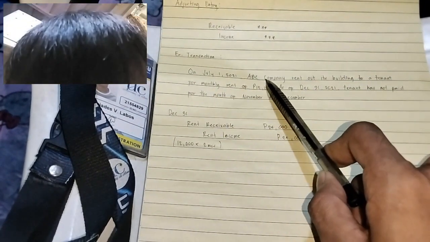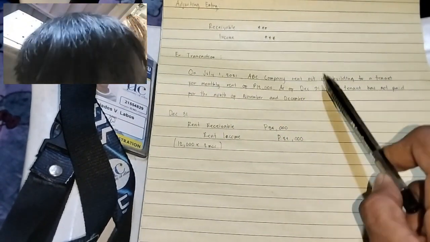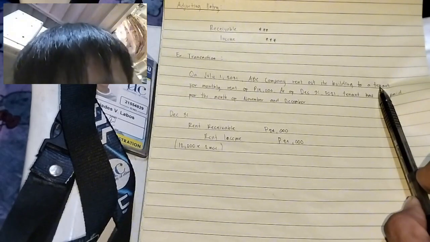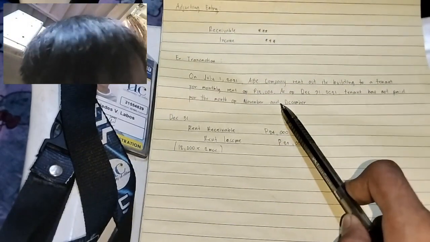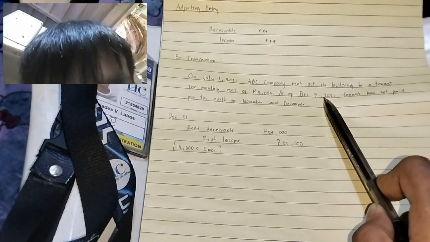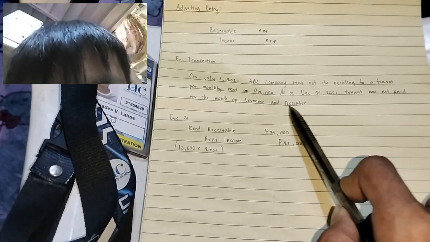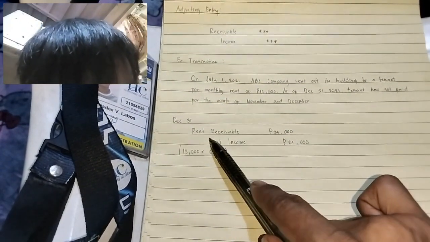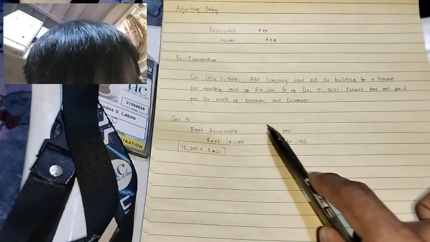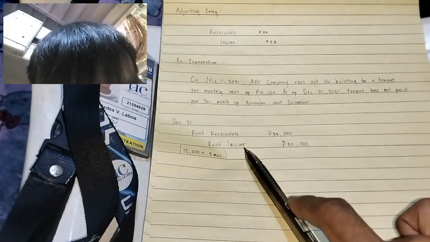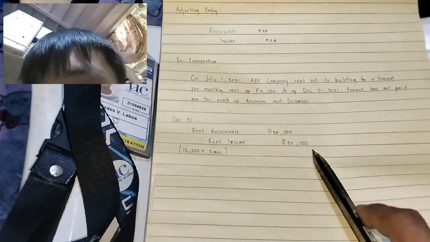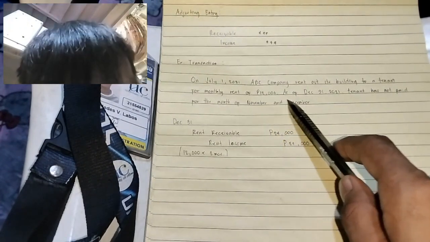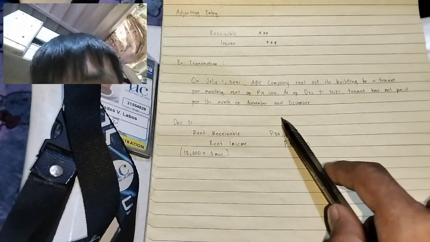So, ABC Company rented their building to a tenant for 12K monthly, but the tenant has not yet paid for 2 months. December 31, rent receivable debit 24,000 and rent income credit 24,000. Why 24,000? Because the tenant did not pay 2 months of rent.